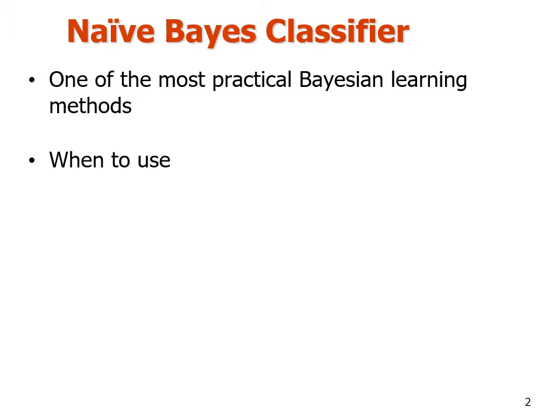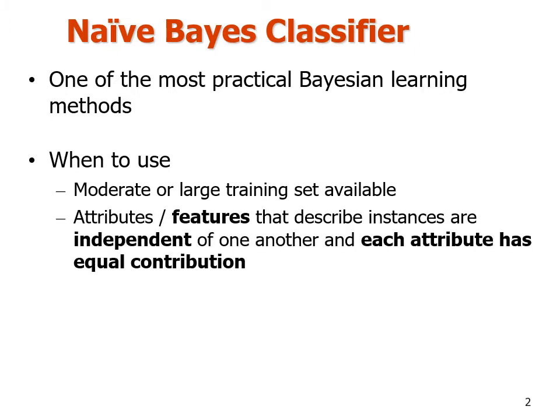The very first thing: if we have a moderate or large training set available, we may go with this algorithm. And secondly, if the attributes or features that describe the instances in the data set are independent of one another, and if each attribute has equal contribution, then we may go with the Naive Bayes classifier.